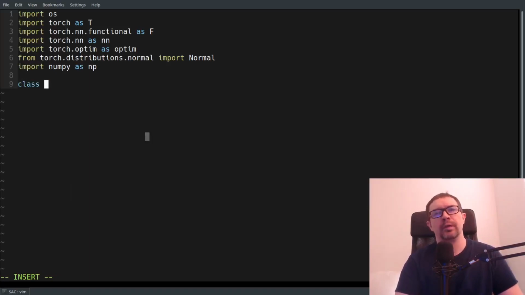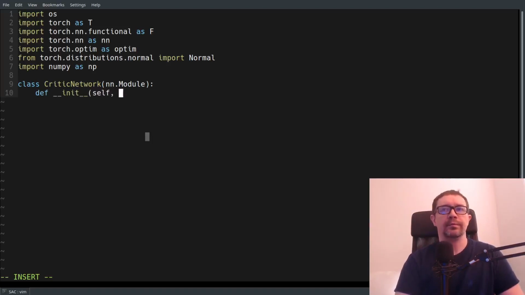So we will start with the critic network, and that derives from nn.Module. This is just standard fare for PyTorch. We will take a learning rate, I'll call it beta, number of input dimensions from our environment, dimensions for the first and second fully connected layers. I'm going to go ahead and rewrite things on the fly.